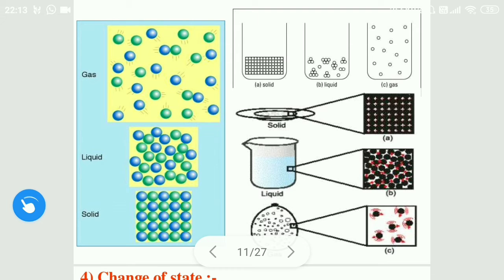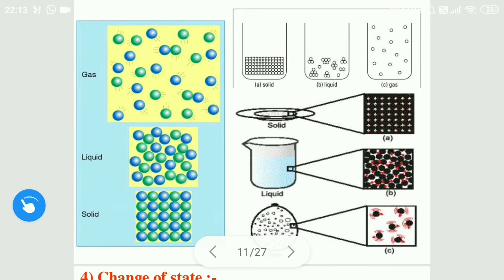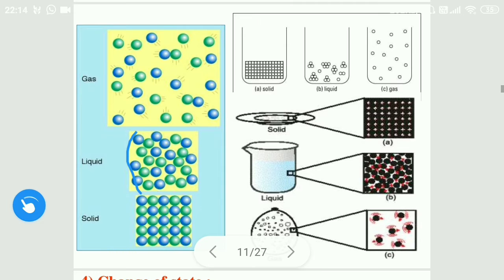This is a simple example. Here we can see that in gaseous molecules are far away and most of the space in a container is empty. But in a liquid, the particles or matter are bound together and try to occupy the whole space of the container.